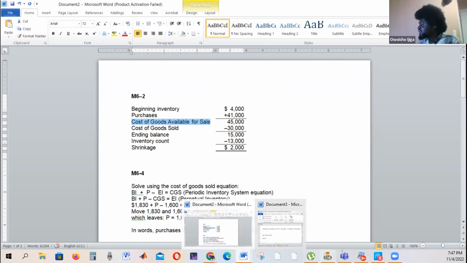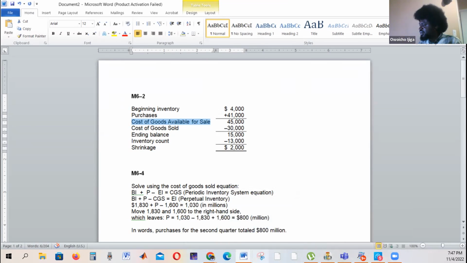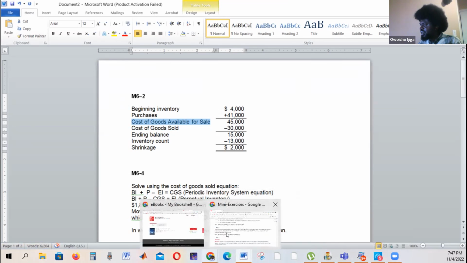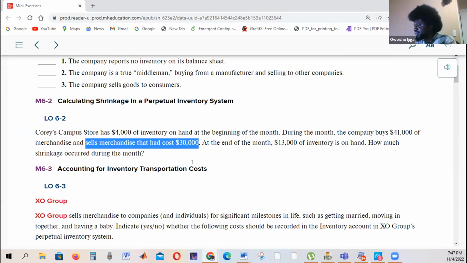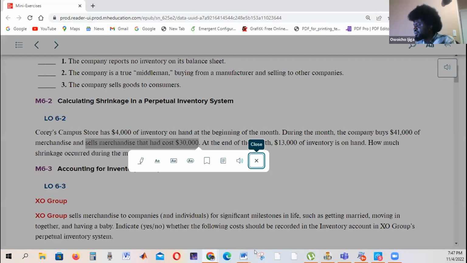And let's look at the question again. And that should be which one, browser. Let me get there. Okay, so... and sells merchandise that had cost $30,000.